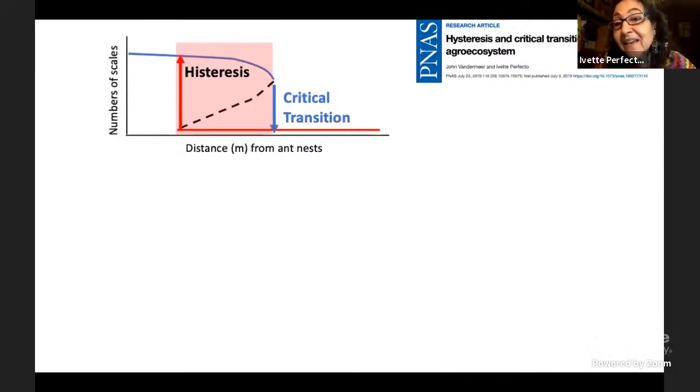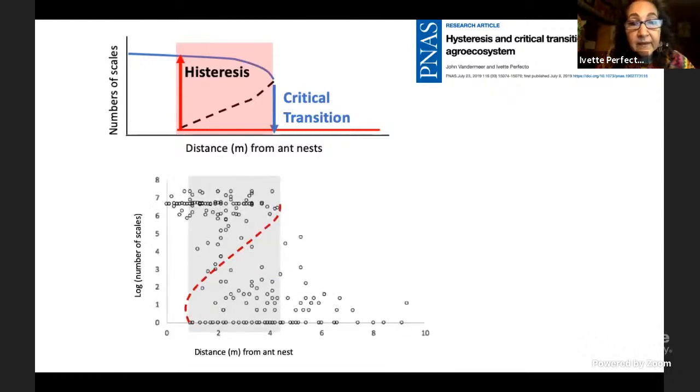Then sampling the scales on those coffee plants, basically what we get is this. And you can see a critical transition with a hysteresis zone. Very close to the nest, like here, all the coffee plants have very high densities of scale. Far away, after the 4 meters and even farther, you have very low densities of the scales.